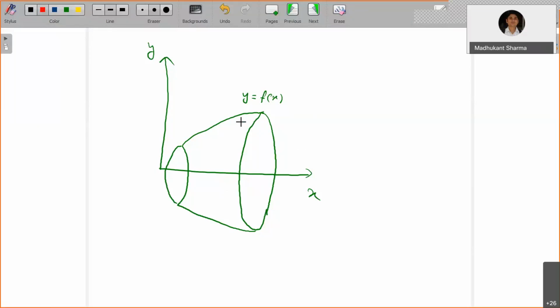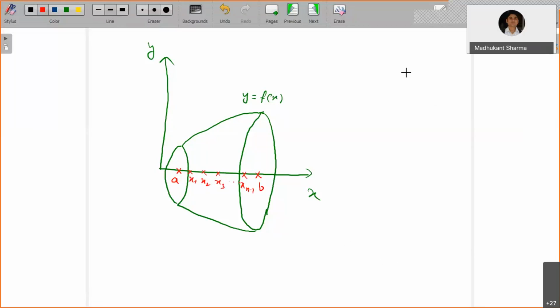Let's say this is the point A and this is B, and you can go for the approach we used for the Riemann integral. You divide into a partition: A equals x0, this is x1, x2, x3, and so on, up to xn minus 1.